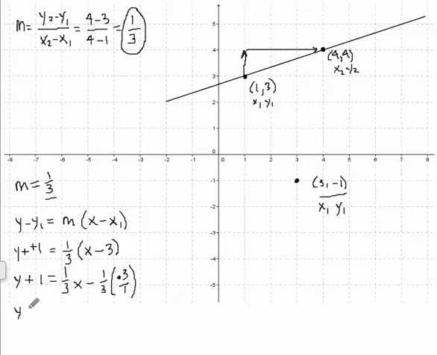So that gives me y plus 1 equals 1/3 x, and then 1 times 3 is 3, 3 times 1 is 3. So that's going to be minus 3 over 3, which is the same thing as minus 1. Now I'm going to subtract 1 from both sides to get y by itself, and I get y equals 1/3 x minus 2.